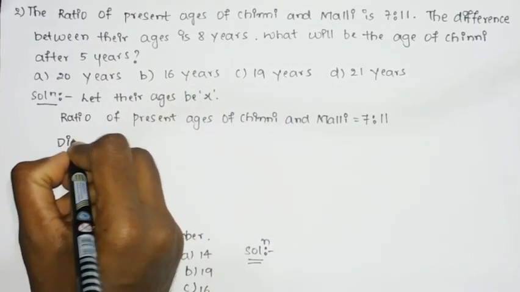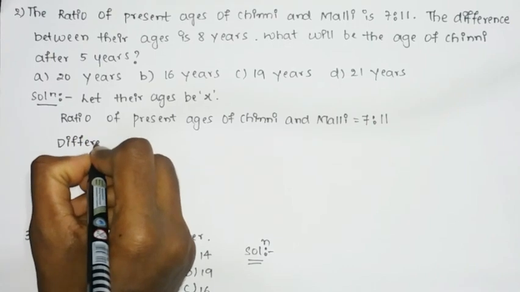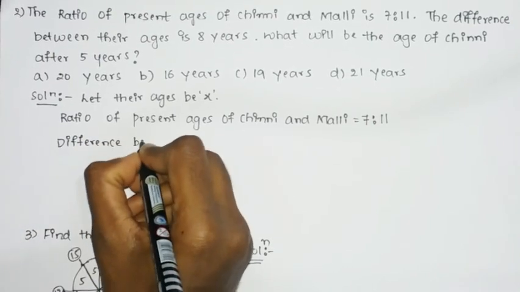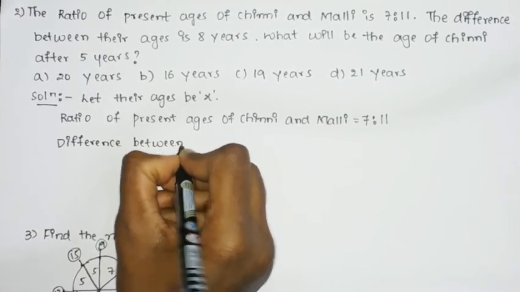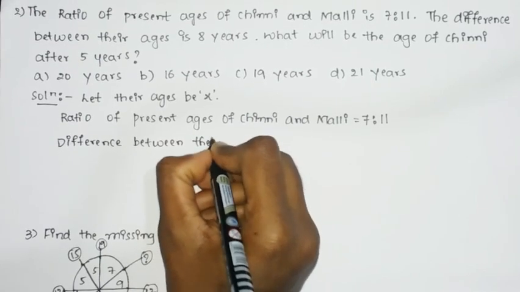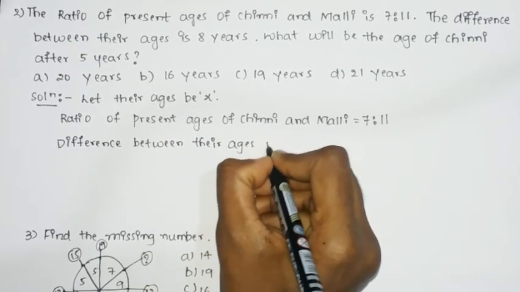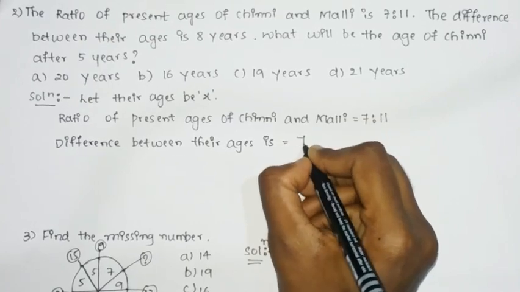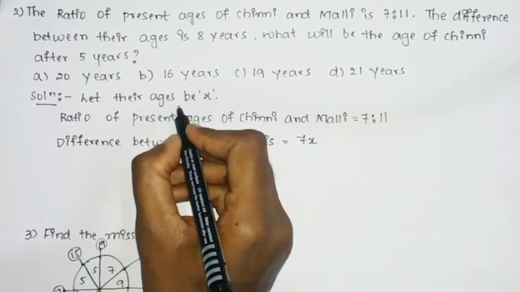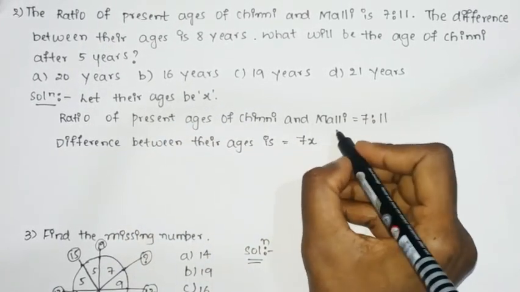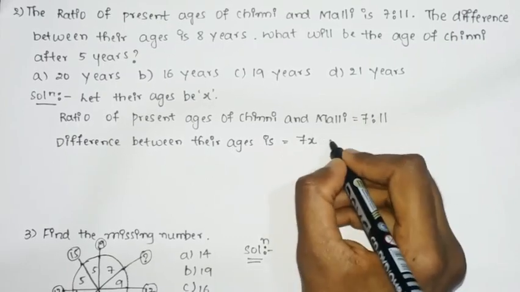So we shall write the difference between their ages is, so 7 into x, so ages is x, so 7 into x, as well as, so again it is 11x.